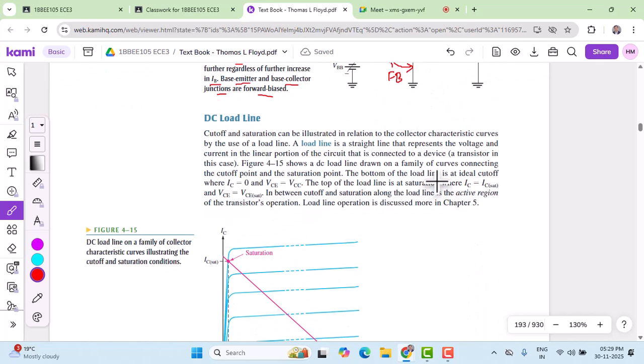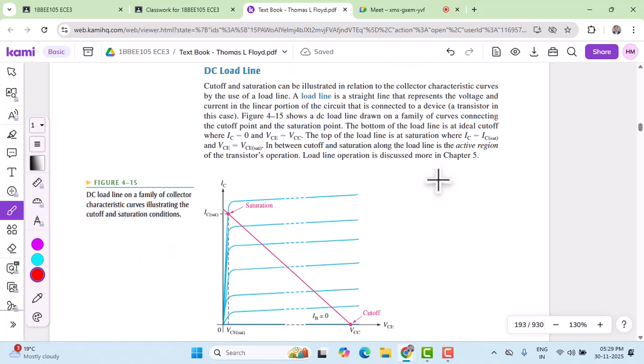With that, let me move to the next important topic, the DC load line. What do we mean by DC load line? So far we discussed two important regions: the cutoff region and the saturation region.